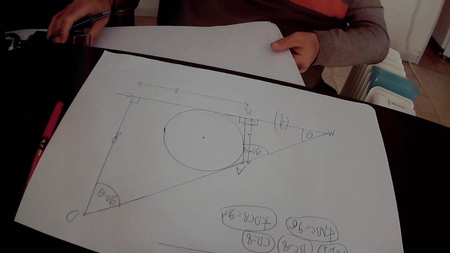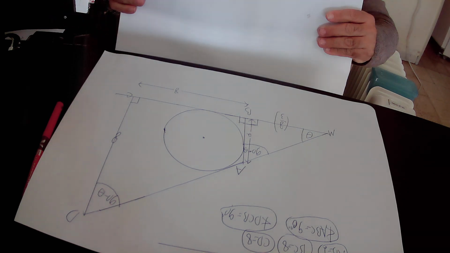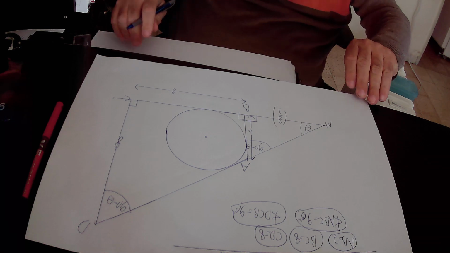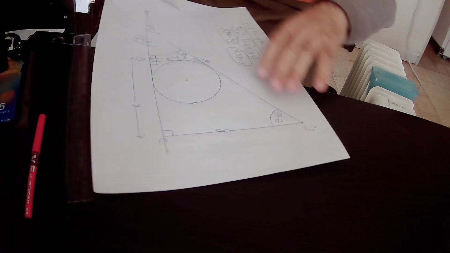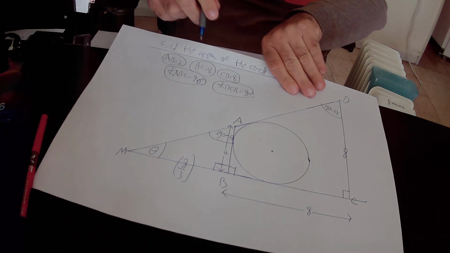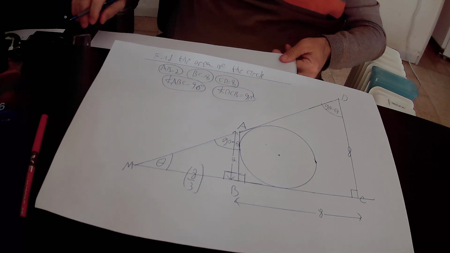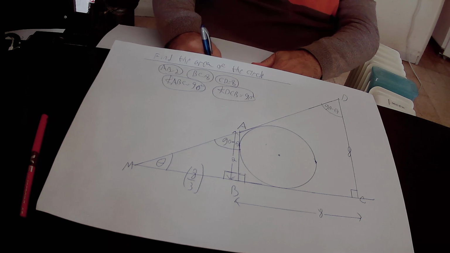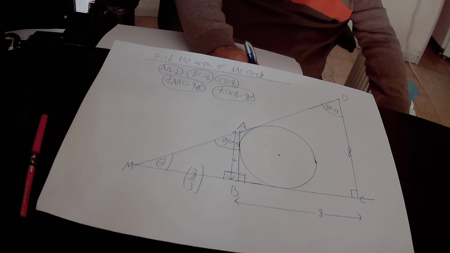In the next step, we will implement the Pythagoras theorem on the small right triangle ABM. Here PT stands for Pythagoras theorem.